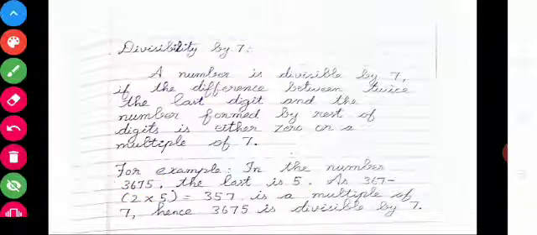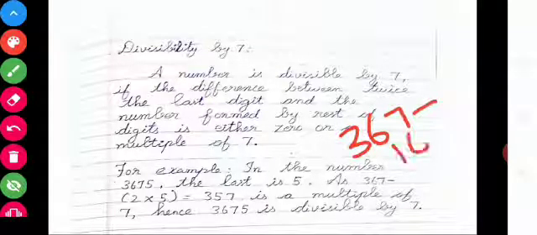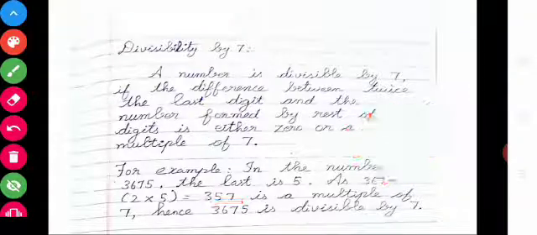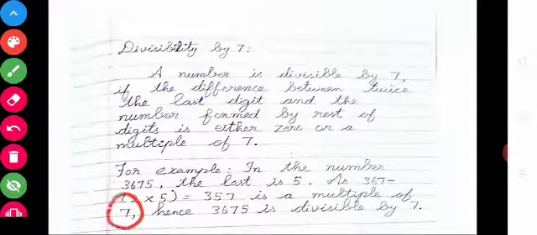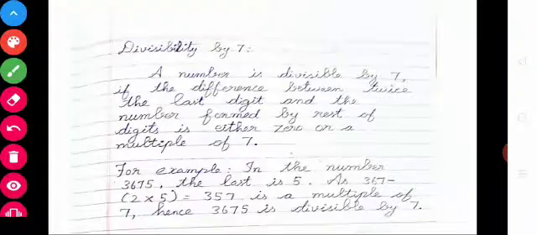Take that 367, it is twice the last digit, 2 into 5. 2 5s are 10. Now do the subtraction, 367 minus 10, it is 357 is a multiple of 7. Hence, 3675 is divisible by 7.